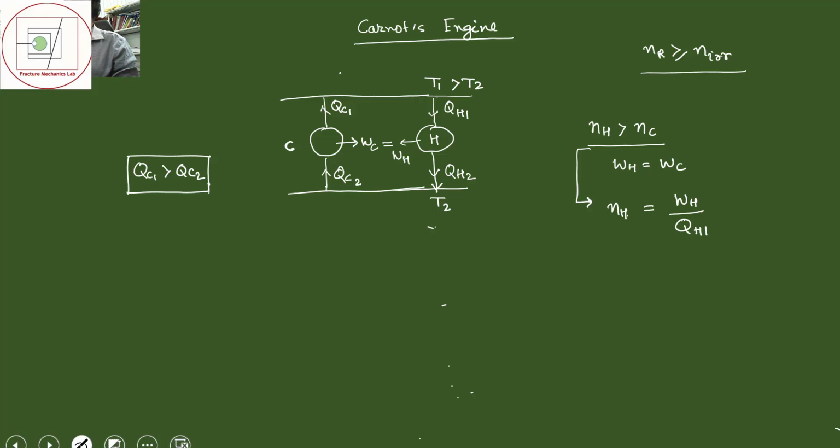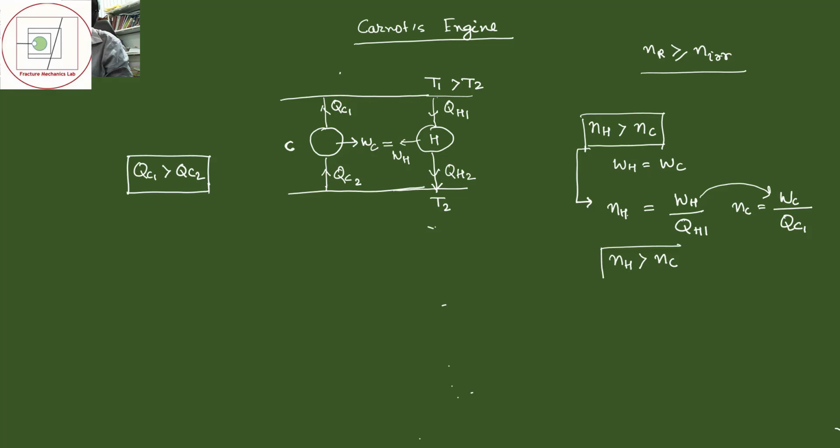And eta C is the work which Carnot's engine either produces or consumes divided by the heat which it takes, which is QC1. When it was running in the forward direction, we made this assumption. Now we are saying that WH is equal to WC, and we also said that eta H is greater than eta C. This is not true, this is what we are imagining.